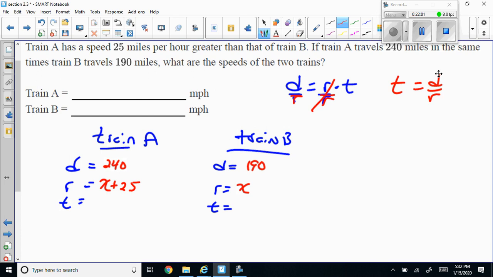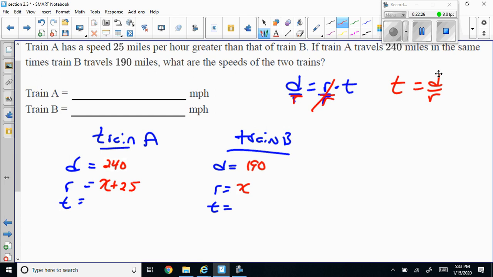With me? All right. So the key to this is they are traveling at the same time or the same amount of time, correct? Okay. If train A travels 240 miles in the same time that train B travels 190, what are the speeds of the two trains?